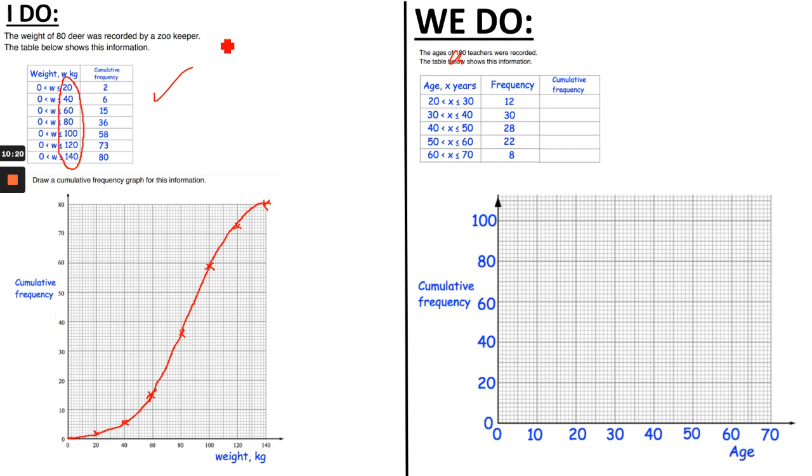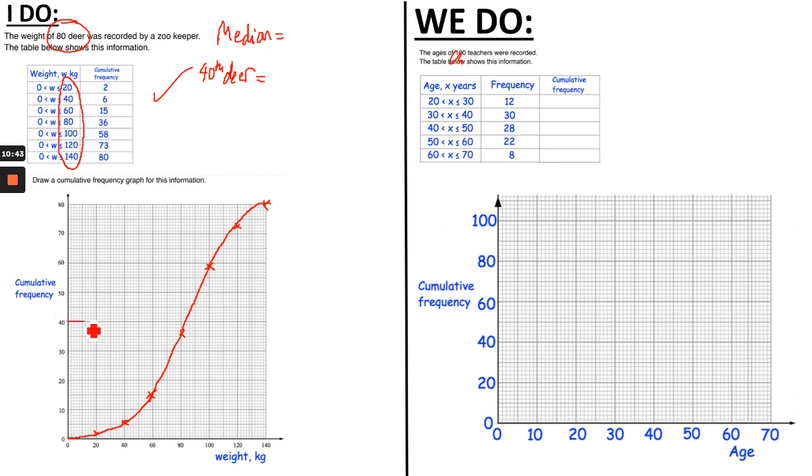Now we're going to look at finding the median from a cumulative frequency. We've got 80 here, so the median is going to be the 40th. I've not got a ruler, or I have, but it's not going to work here. But if you've got 80 here, the middle one is going to be at 40.